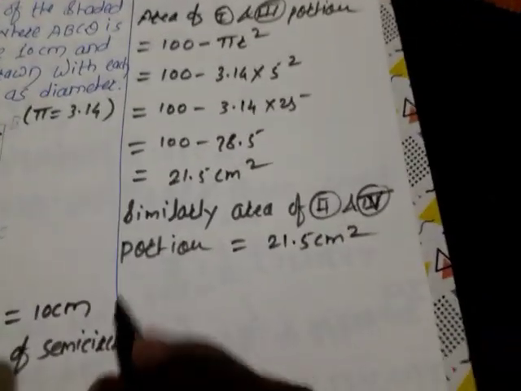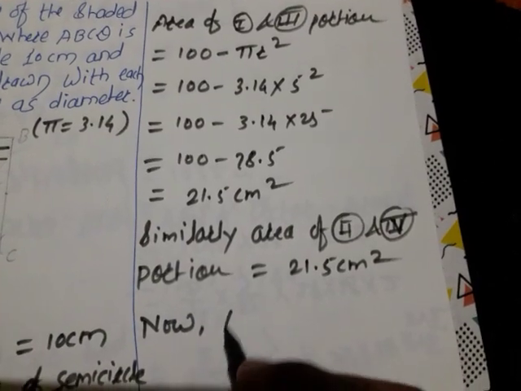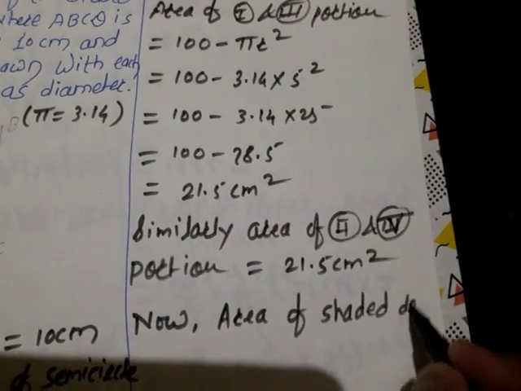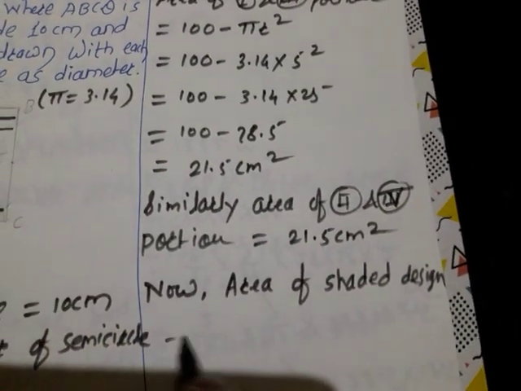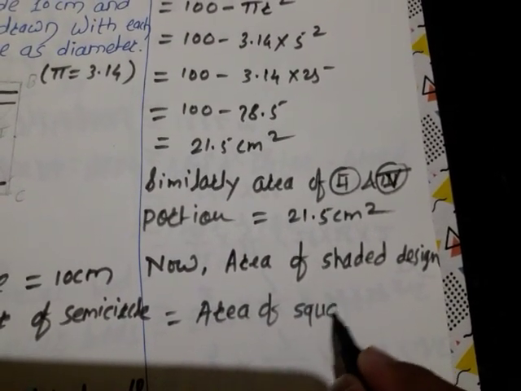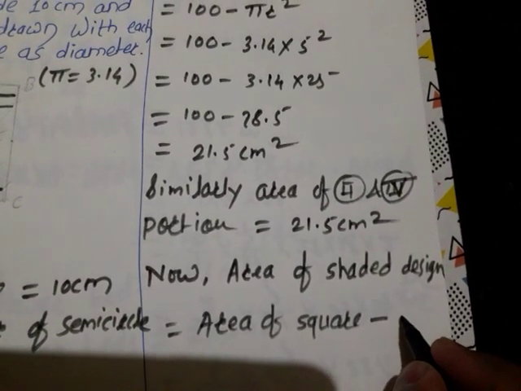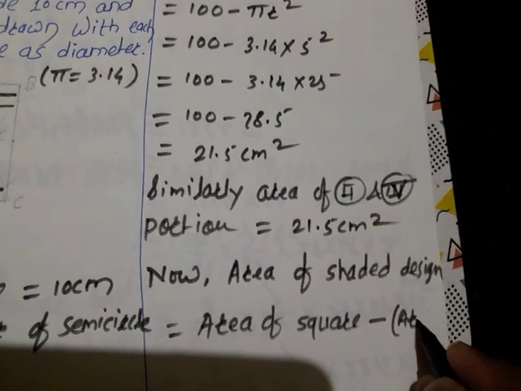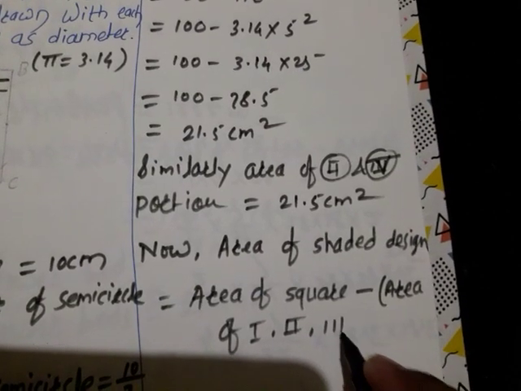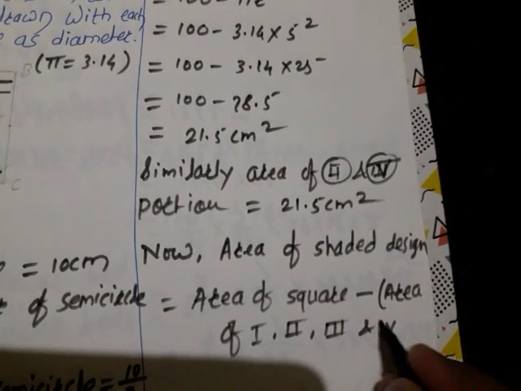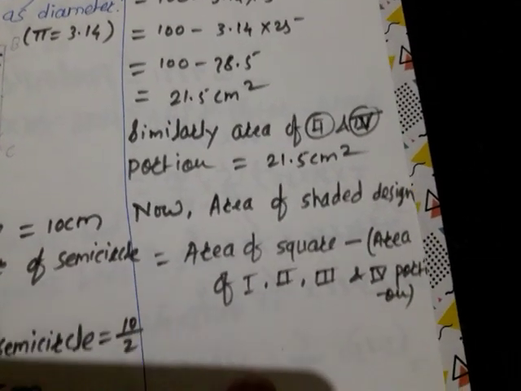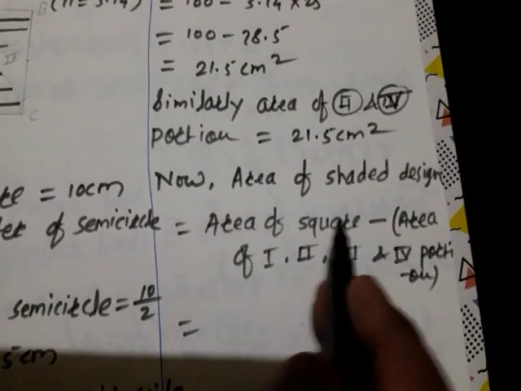Do you understand? Okay, now area of shaded design is equal to area of square minus, I will write in the bracket, area of first, second, third and fourth portion. Do you understand what is done? What is area of square?